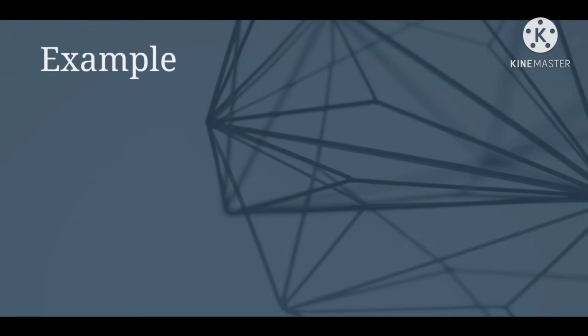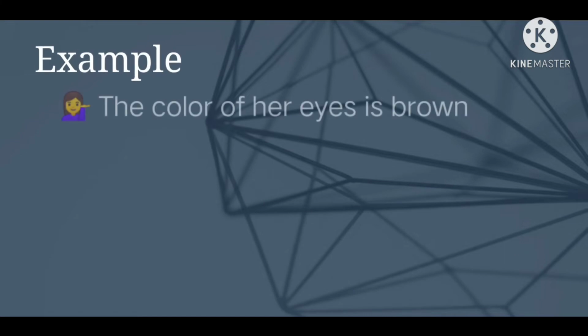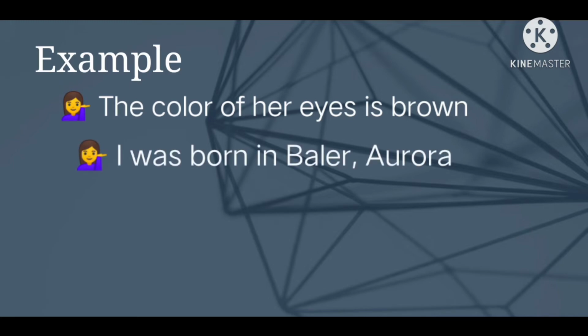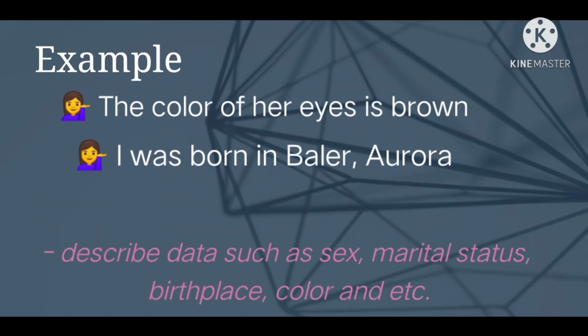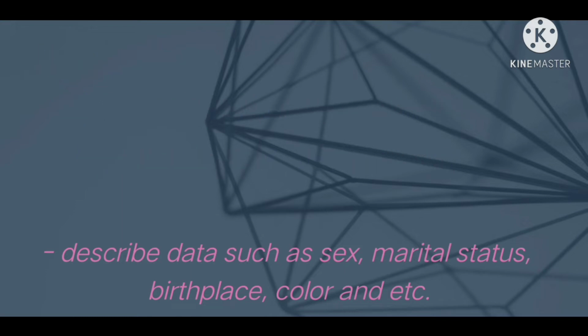For example, the color of her eyes is brown. Or you can say, I was born in Valera, Aurora. That means for qualitative variables, we describe data which include sex, marital status, birthplace, color, and so on.